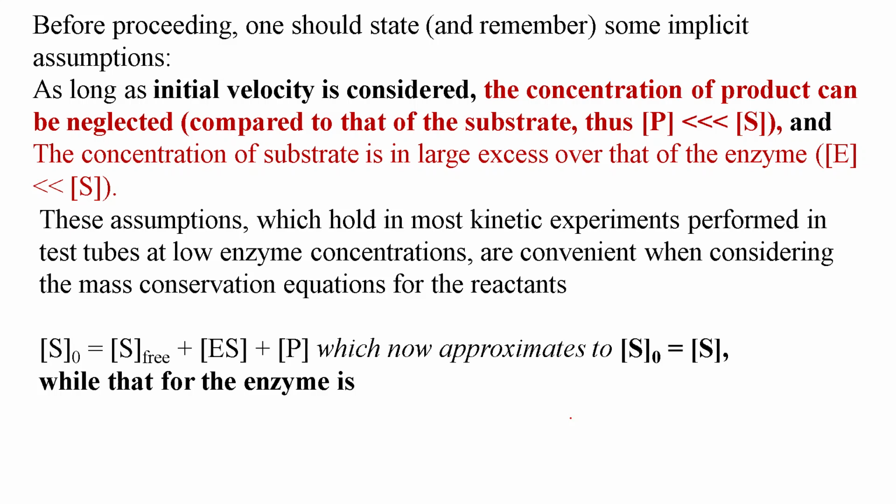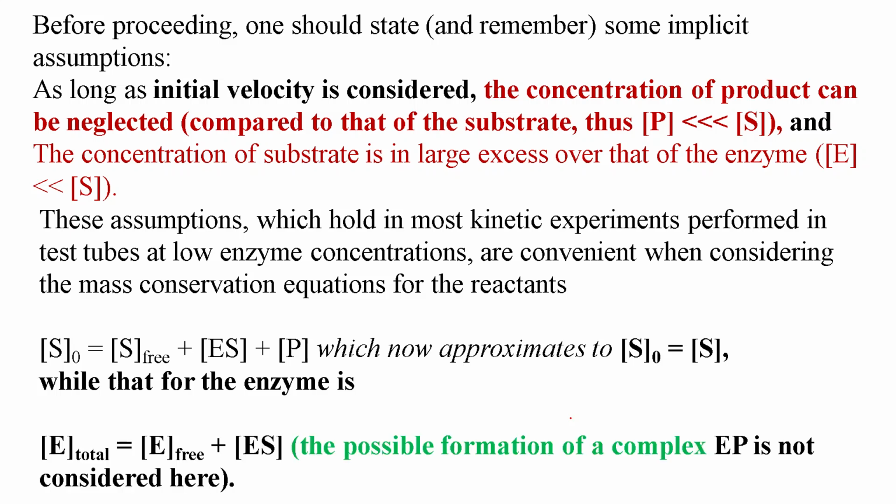Actually the total substrate concentration should have been the free substrate, the substrate bound to enzyme, and the substrate that has been transformed to product. But now we just approximate it; I will explain later.